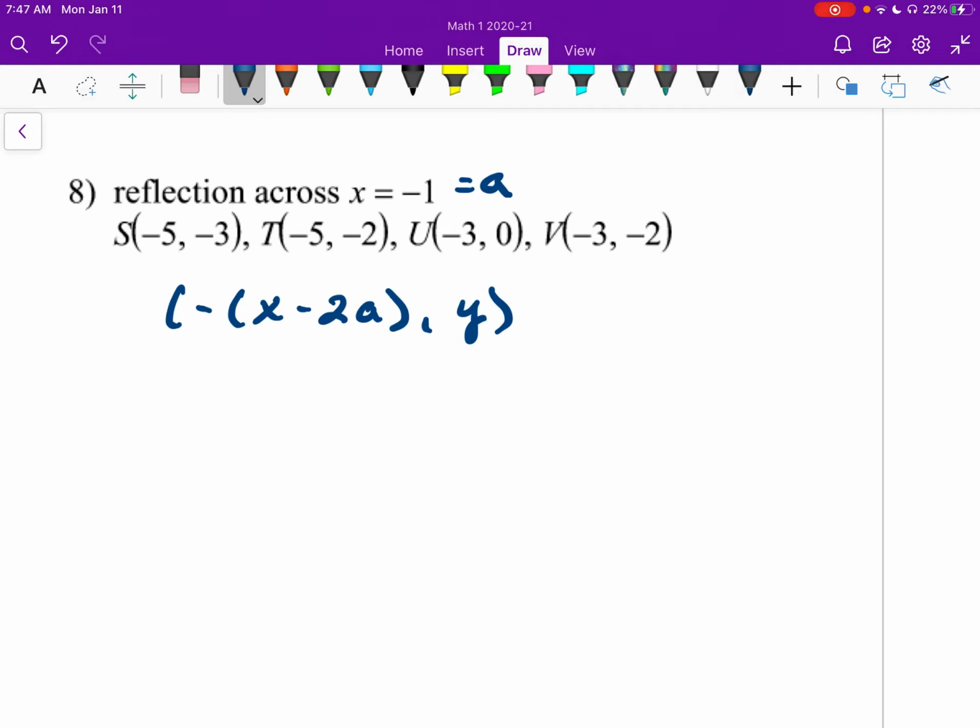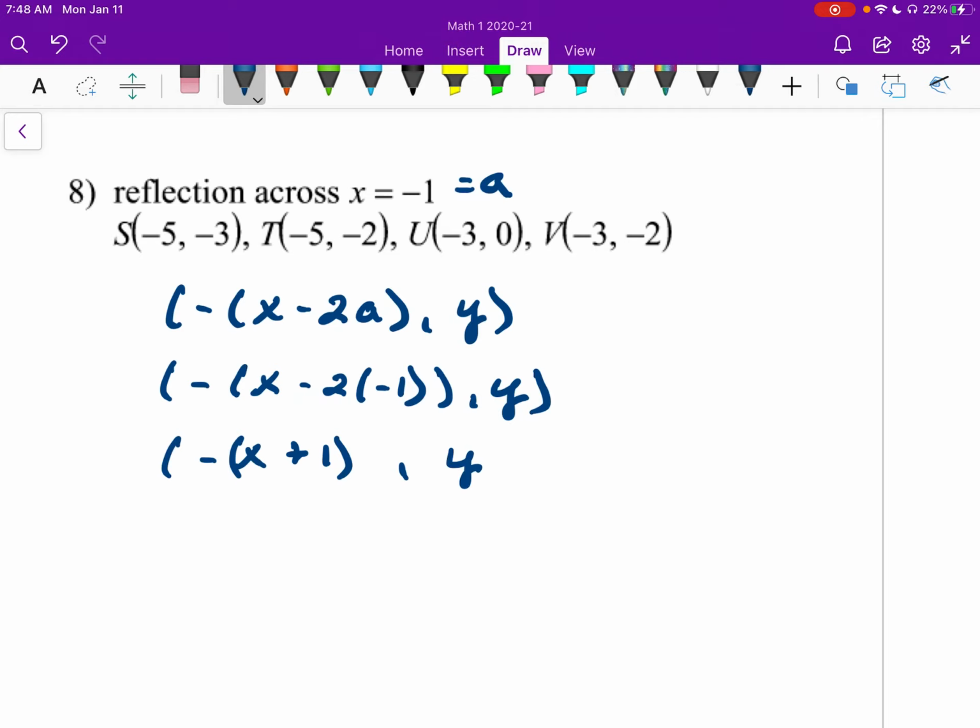So I'll plug in my negative 1 right now: (-x - 2 times -1, y). So this is going to be (-x + 2, y). All I changed was right here. I know I fumbled with that. Now I'll distribute my negatives, so I'm going to have (-x + 2, y), and that's the formula that I'm going to be plugging into.